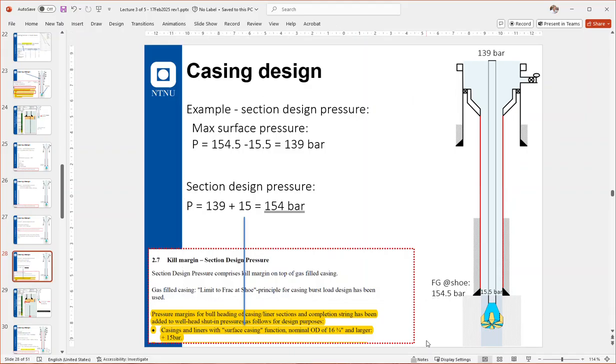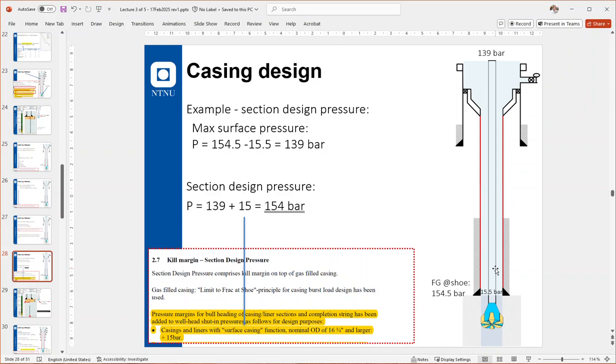In advanced casing design, where you consider cuttings reinjection and so on, you could run other load cases. In most cases, it wouldn't be higher than this. This is the pressure you are bumping the plug with, or the green cement test for that matter. So when this casing was cemented, you would see a 139 bar pressure test when you bumped the cement plug, or through the green cement test.